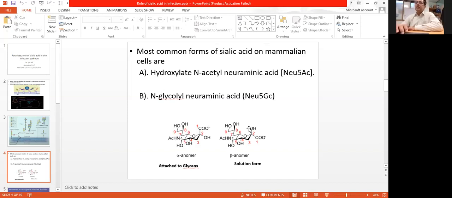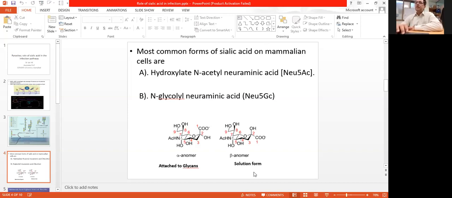And these are two different, you can say, conformations of this 9-carbon molecule. It may be found in alpha anomeric form or beta anomeric form. It is found in alpha anomeric form when it is attached to glycans, the glycoproteins.